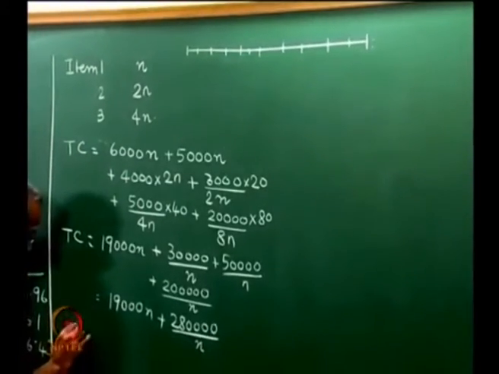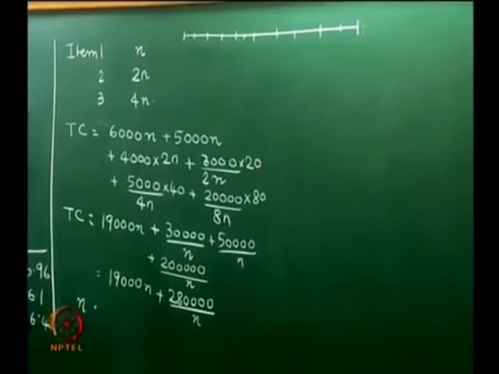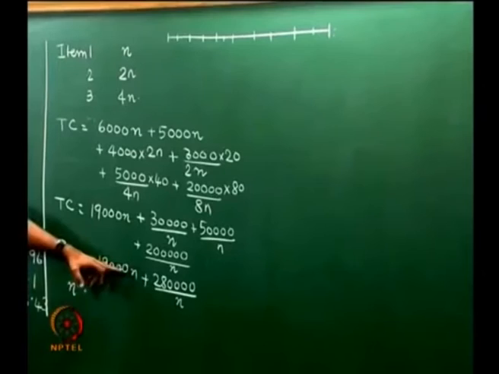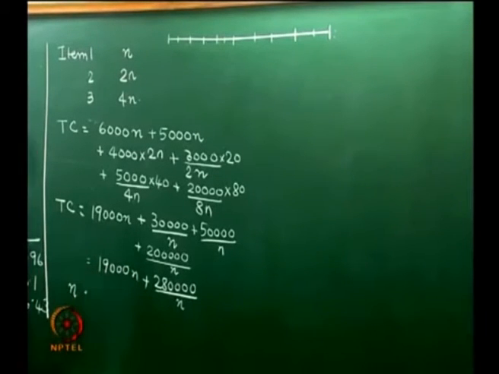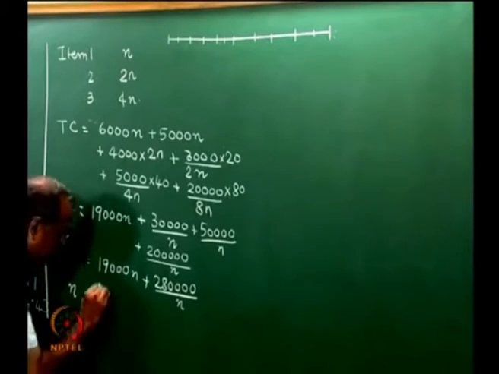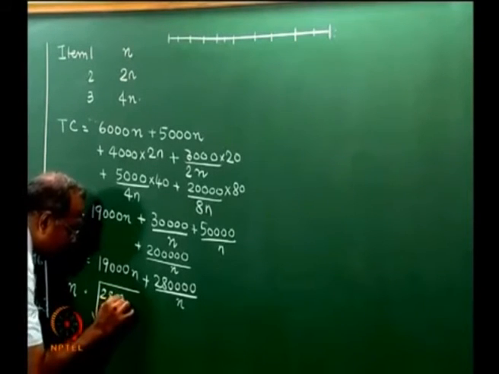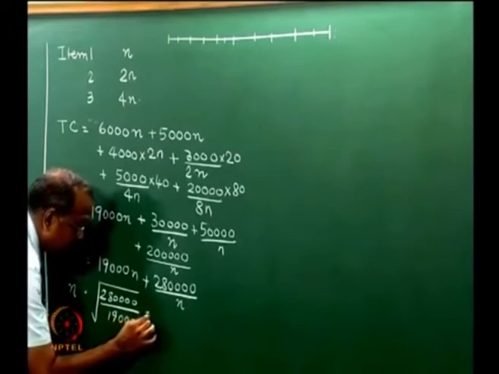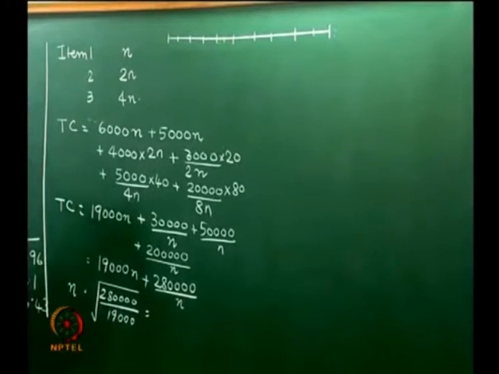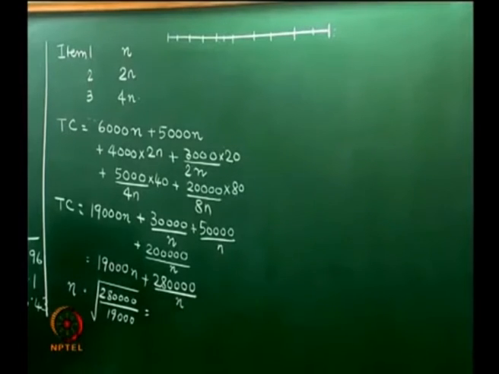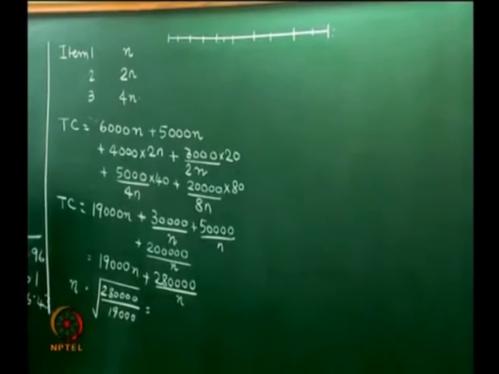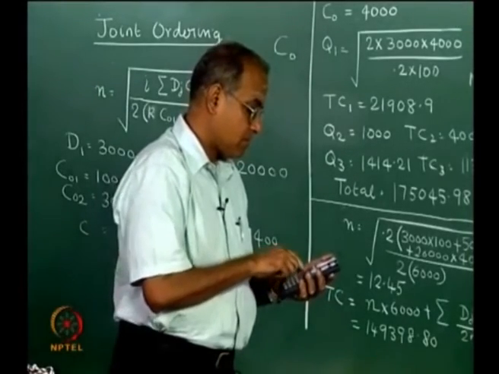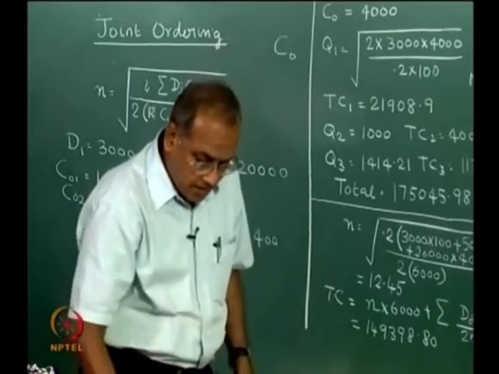From which the optimum value of n can be found by differentiating this with respect to n and setting it to 0. So 19,000 minus 280,000 by n square is equal to 0, from which n is equal to root over 280,000 divided by 19,000, which would give us 3.838.